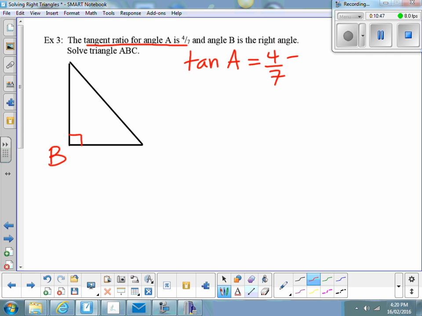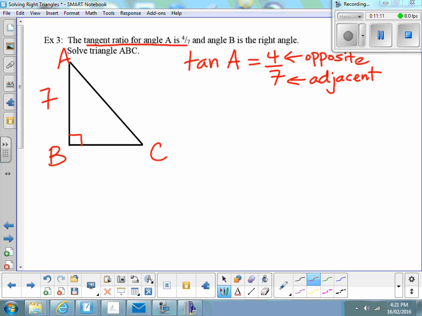That means that side 4 is opposite angle A, and side 7 is adjacent or beside angle A. So if that's 7, that's where the A would go, and this is where the 4 would go.